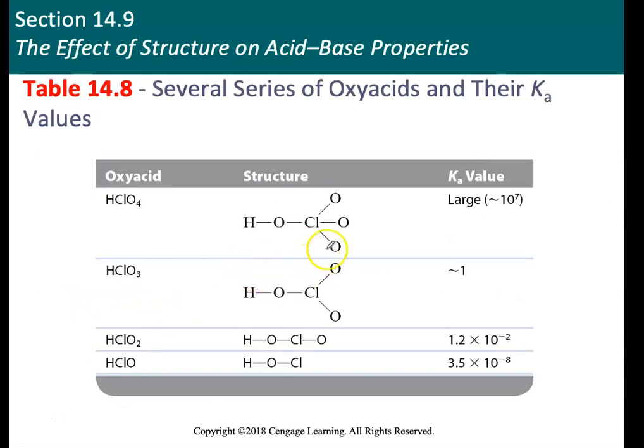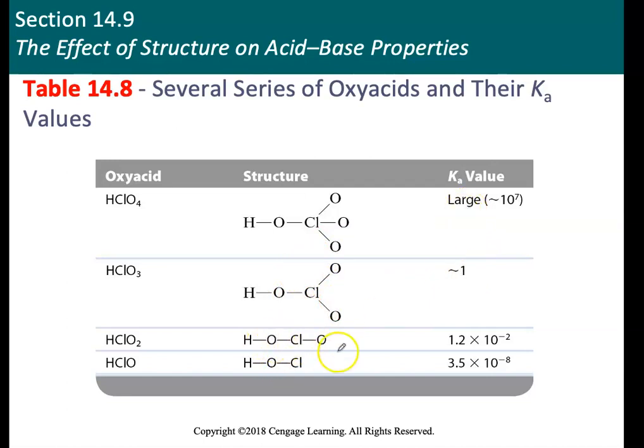You can see here that as you increase the number of oxygen atoms bonded to the central atom, you increase the acid strength. So here is very large, 10 to the power of 7. Here with how many oxygen? 1, 2, 3, 4 bonded to the central atom. Here is 3 bonded to the central atom. 1 is the Ka value.